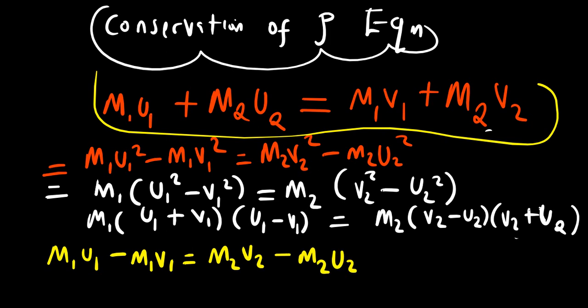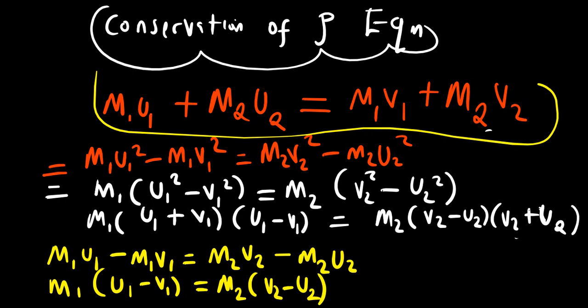Now if I've got that, what am I now going to do? I'm also going to factorize like I factorized in the previous one. If I factorize the mass m1, I'm going to have m1 times u1 minus v1 is equals to, if I factorize m2, I'm going to have m2 times v2 minus u2. Okay, I'm going to call this one as equation number 2.